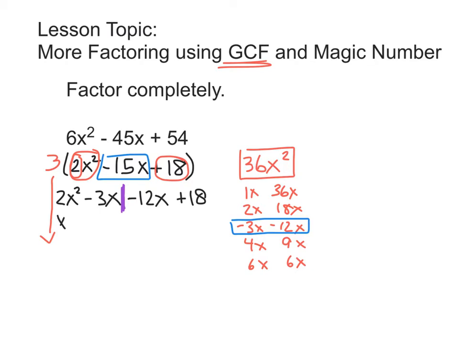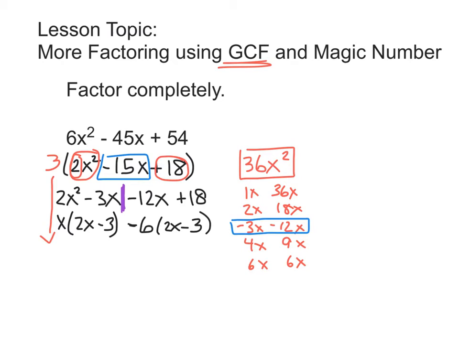So here I'm going to factor out x, and I'm left with 2x minus 3. And on the right-hand side, we're going to factor out a negative 6, and we're left with 2x. And then remember, if this is a plus right here, and we factor out a negative, this will become negative, so minus 3. And that's good because our parentheses match.